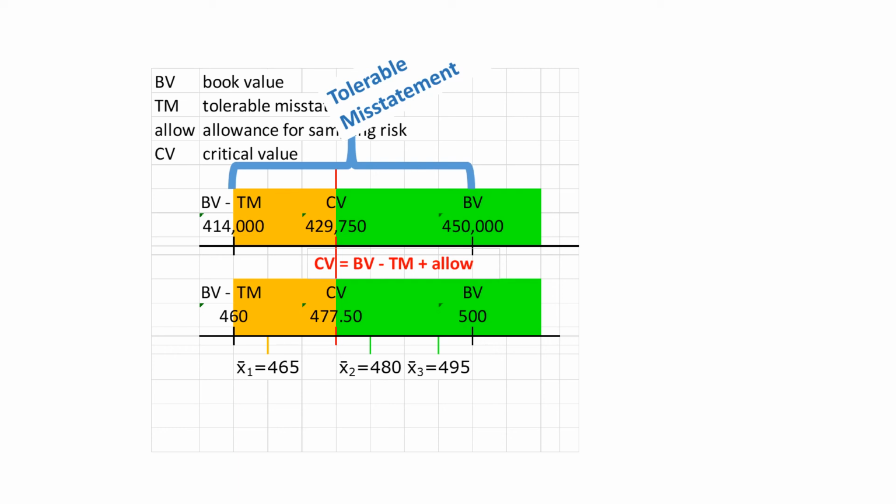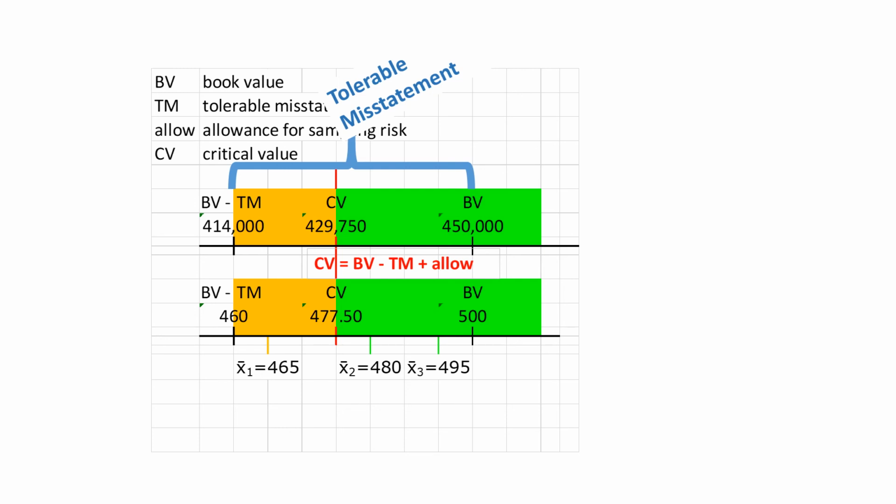And as the projected misstatement gets larger, it gets closer and closer to tolerable misstatement. If it gets too close, then we're not comfortable. We're not confident enough in our results.